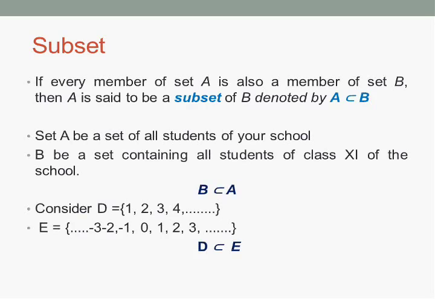Another important concept in set theory is regarding subsets. Suppose there are two sets A and B. If every member of set A is also a member of set B, we can say that A is a subset of B, denoted by A subset symbol B. Let set A be a set containing all students of your school and B be a set containing all students of class 11th of the school.